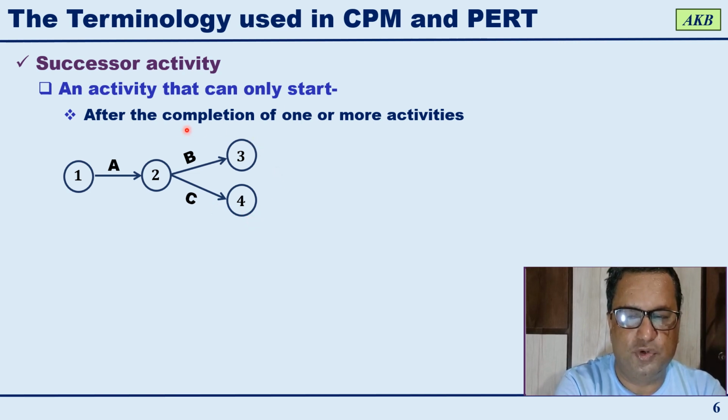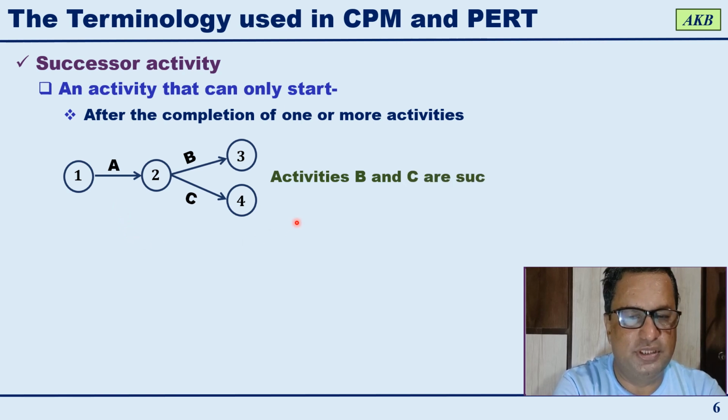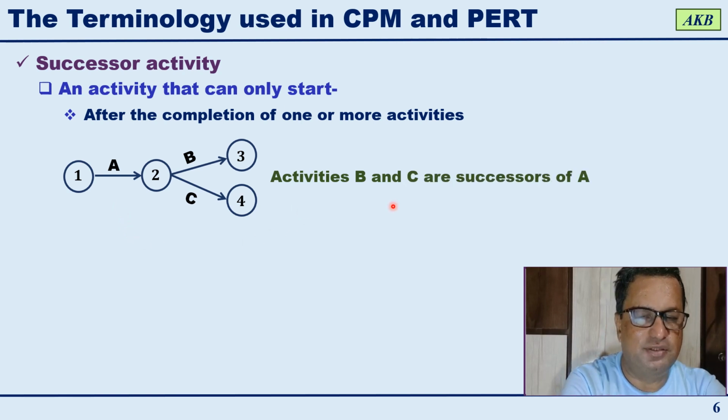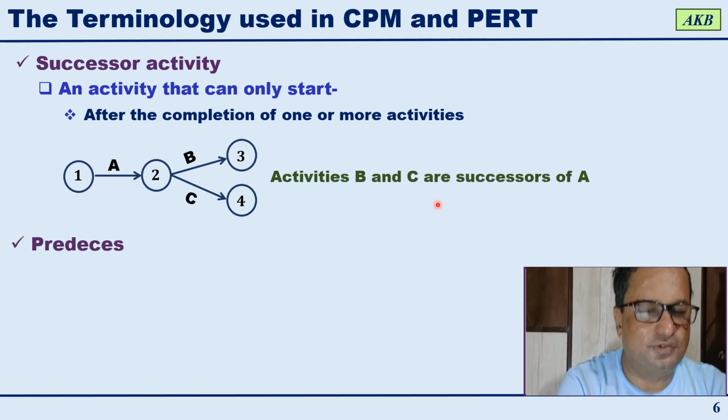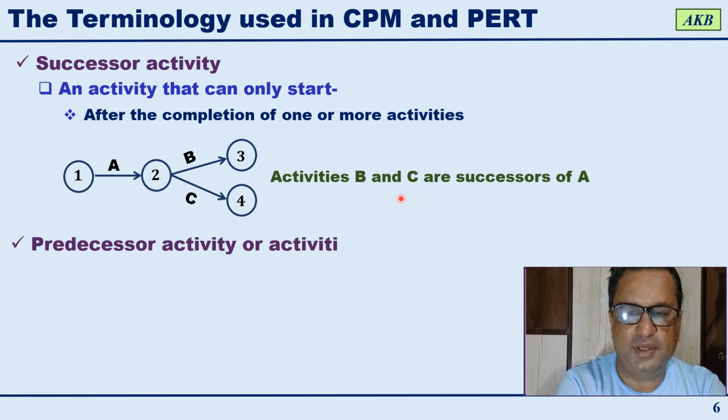So for this simple diagram, how can you understand which one is the successor activity? In this case, you have two activities that will come after the completion of activity A. So in this case, activities B and C, these two, they are successors of A. Okay. So that was the concept of successor activity.